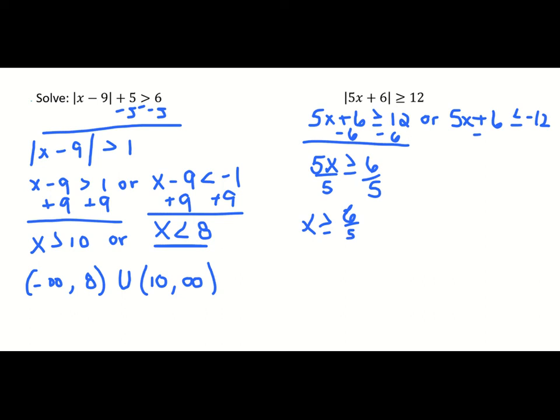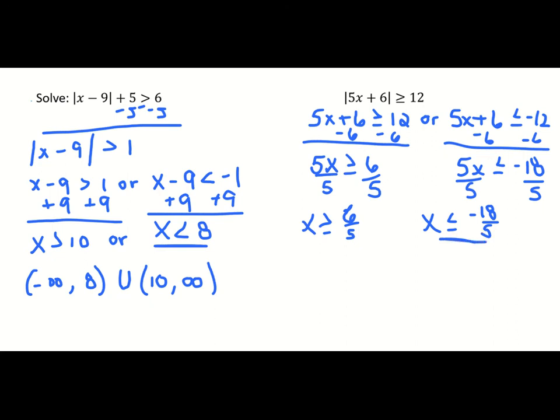And then here we'll subtract 6 from both sides. So we have 5x is less than or equal to negative 18, divided by 5. And we get x is less than or equal to negative 18 fifths. So again, when we write it in interval notation, this is going to be the lower of the two.